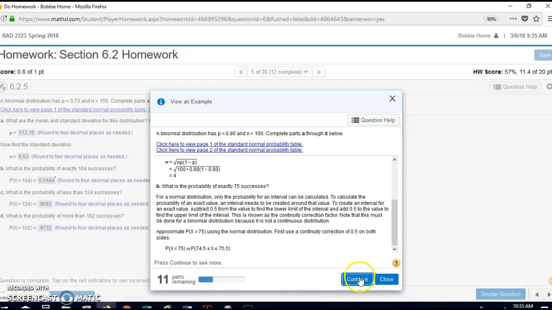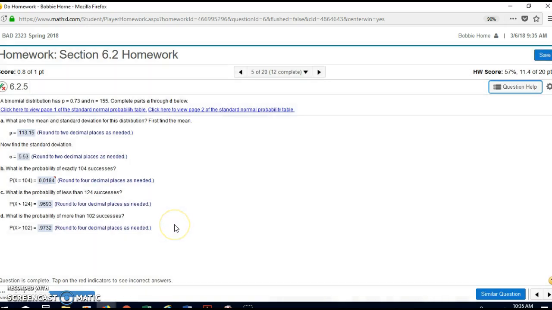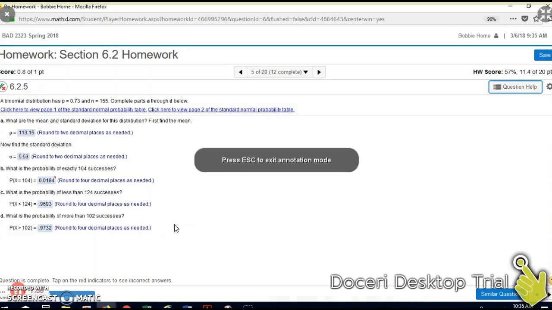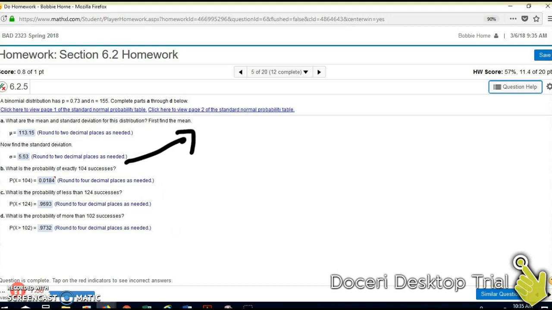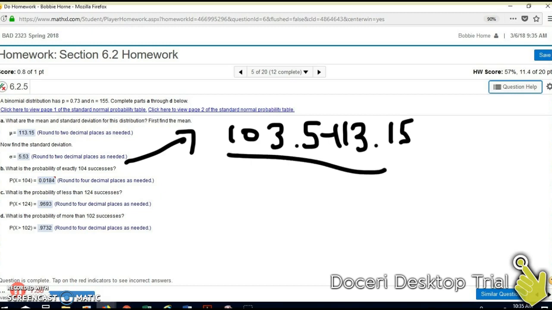So what you have to do is do it like we were doing the other one. So for 104 successes, we want to do 103.5 minus the mean. And I'll tell you what I just did. I kept putting 0.5 instead of 0.15, and that's why I kept getting the wrong number.